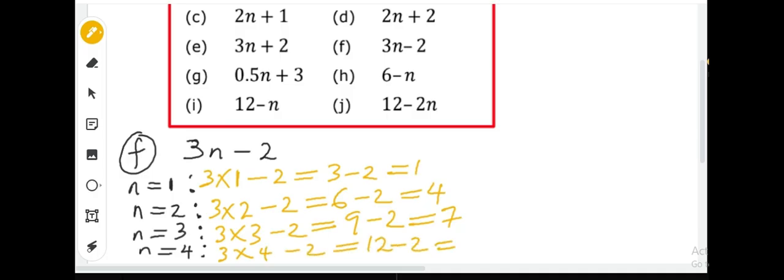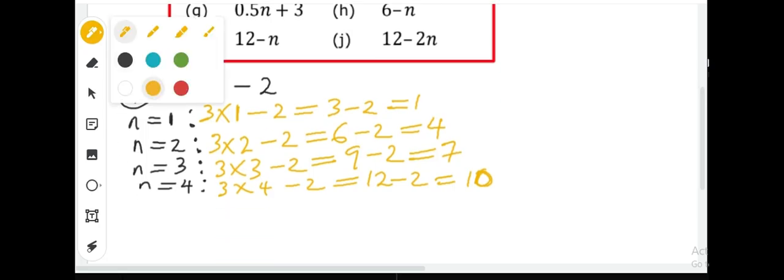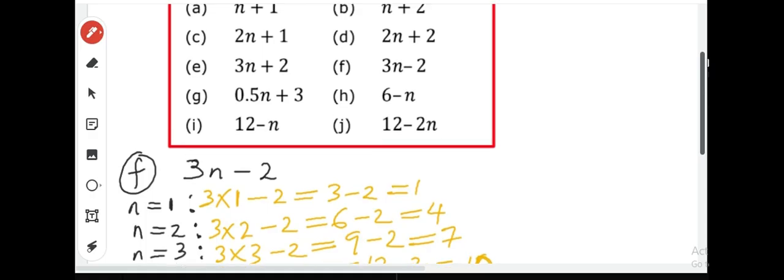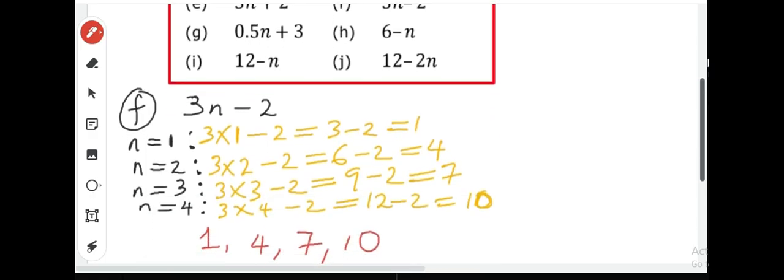Am I right? 12 minus 2 is 10. Okay, so the first 4 terms are 1, 4, 7, and 10, and so on. That's the way to do it.